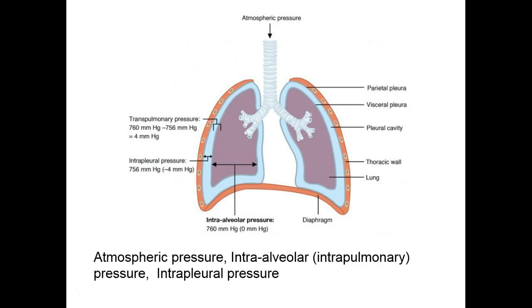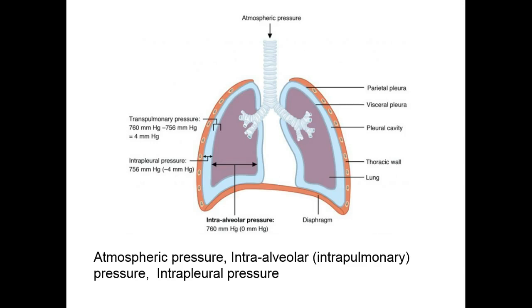And that intrapleural pressure is the pressure between the visceral and the parietal portion of that serous membrane that's around the lungs. And you have these pressures all working together, and basically they stay in the negative numbers to keep a slight inflation of the lungs.